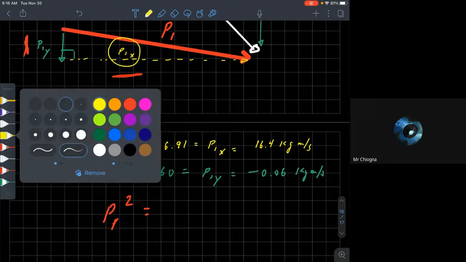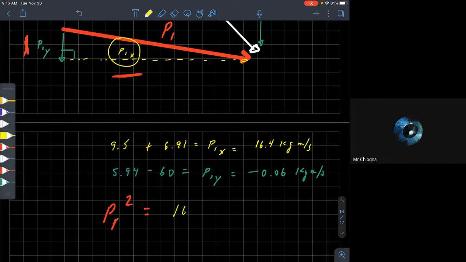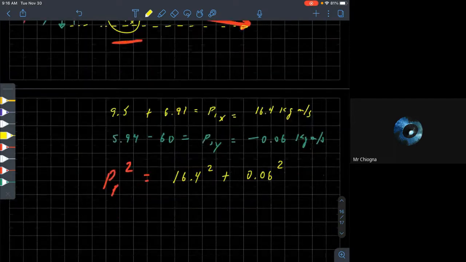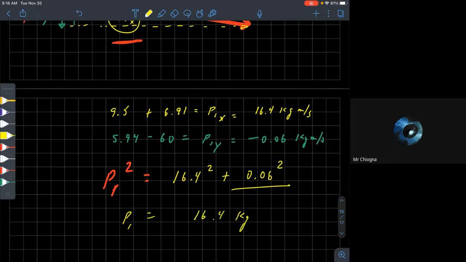So 16.4 squared plus, just use the magnitude, 0.06 squared. So P1 works out to be 16.4. This doesn't add much, so it's still 16.4 kilogram meters per second.